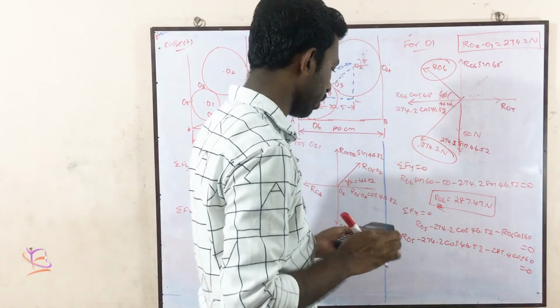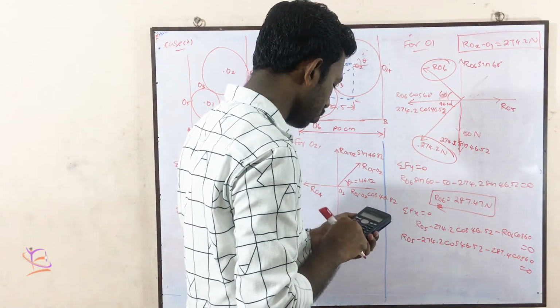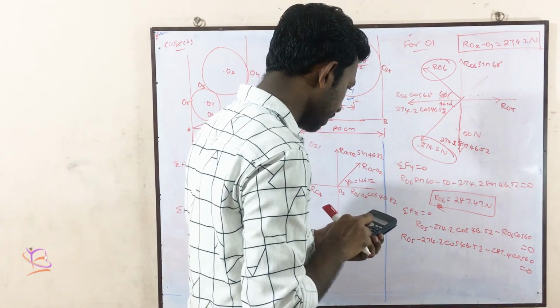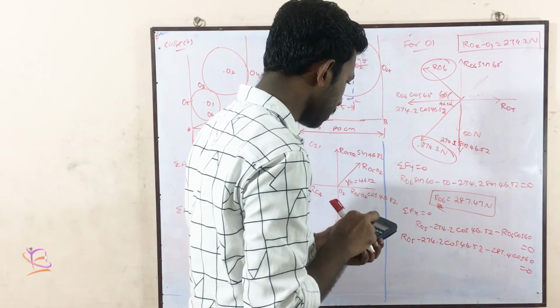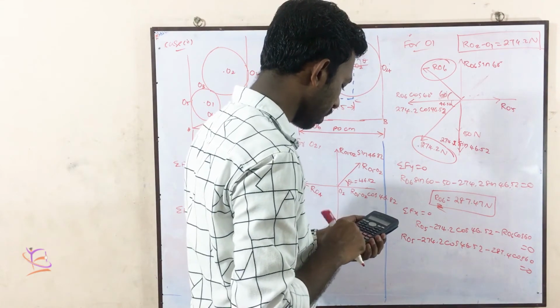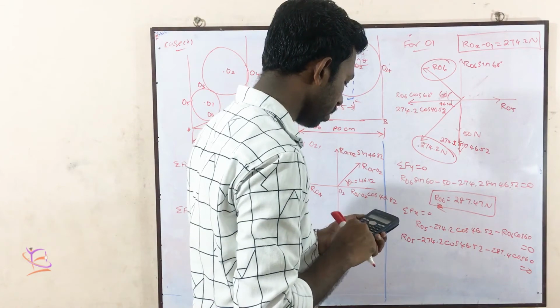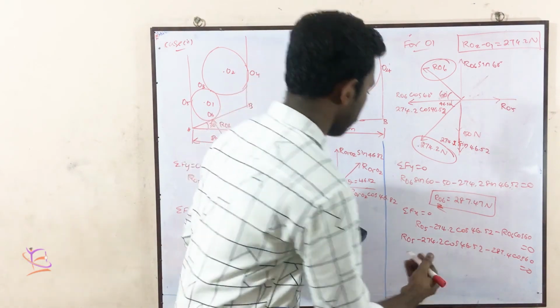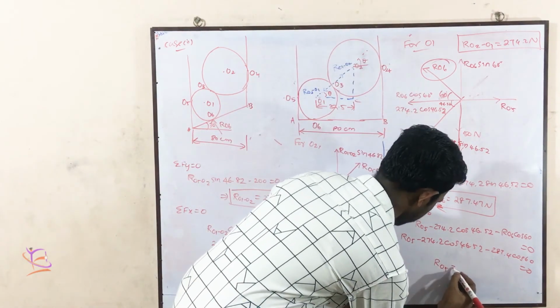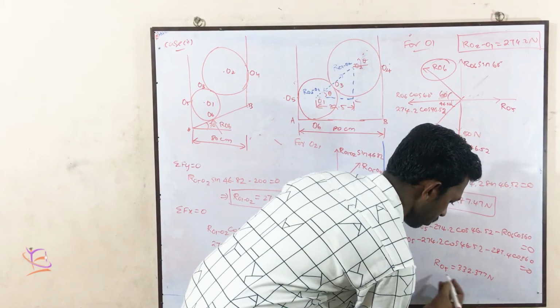Now doing the calculation, 274.2 into cos 46.52 plus open bracket 287.4 into cos 60. What is the answer? R05 is equal to 332.377 Newton.